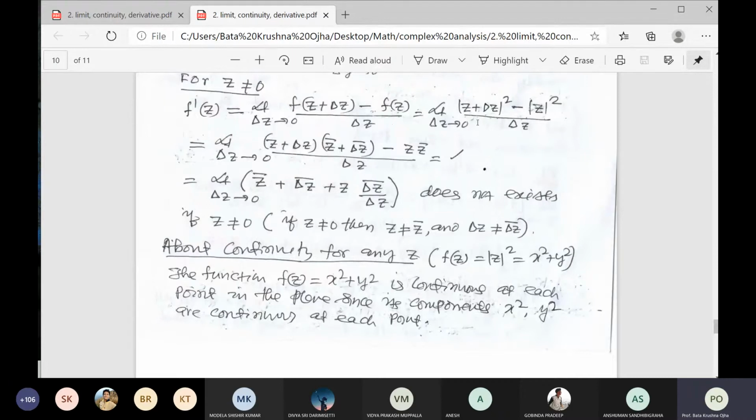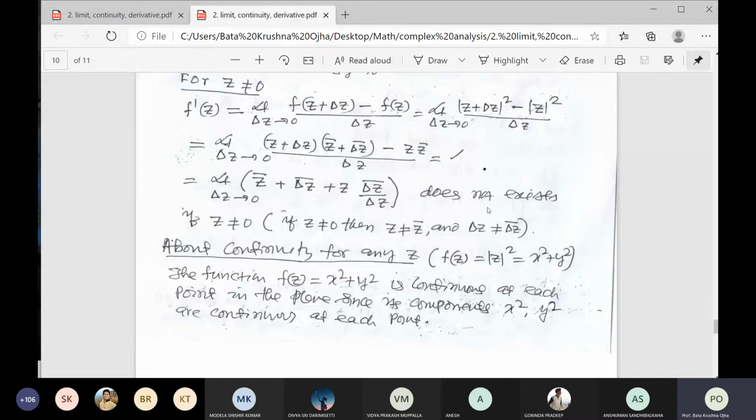When del z tends to 0, you see it does not exist. If del z is not equal to 0, then del z is not equal to del z bar, so you cannot cancel.